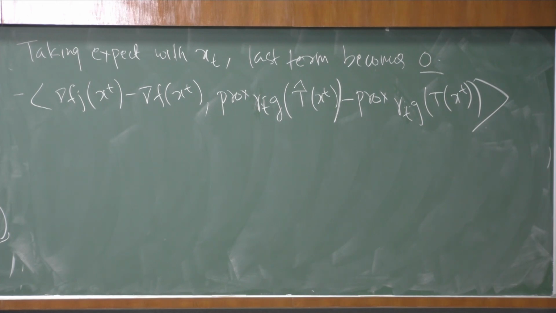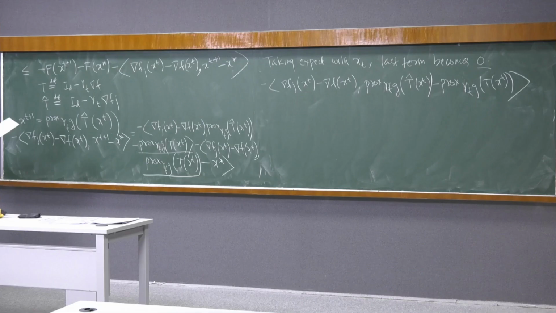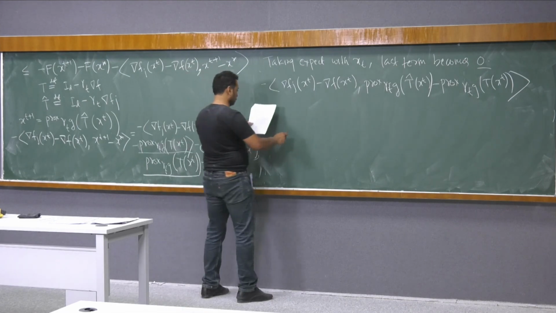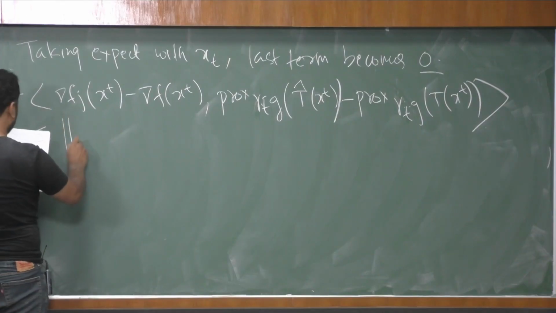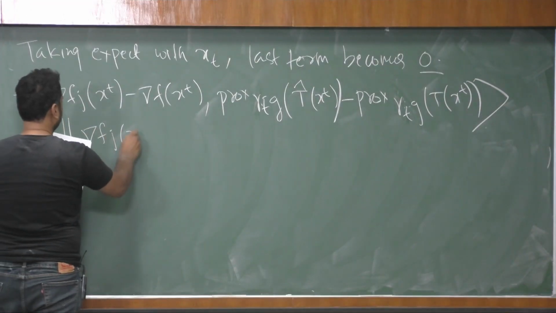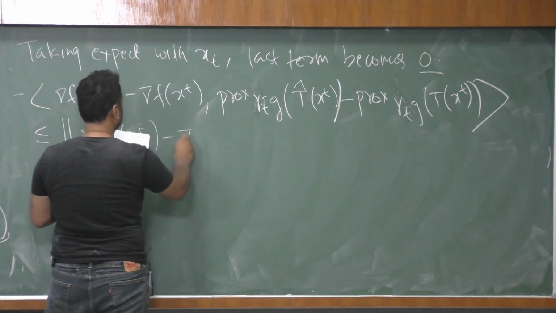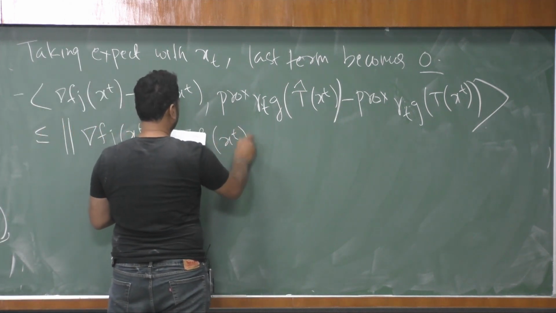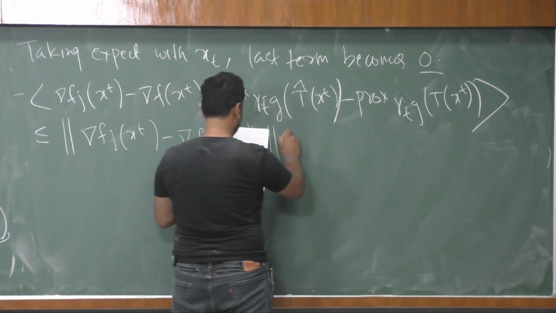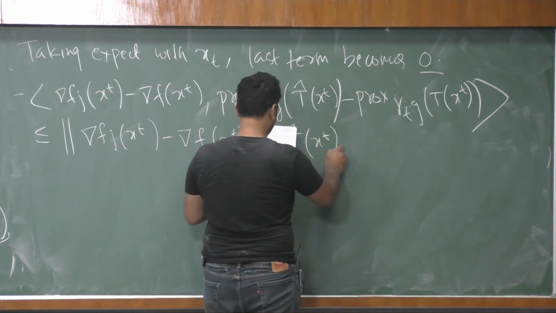I believe Cauchy-Schwarz is applied. It doesn't matter, we can absorb the negative inside and take the Cauchy-Schwarz, and then we have the norm of this. So this is less than or equal to the norm of grad f_j(x_t) minus grad f(x_t), times the norm of T hat x_t minus T x_t.